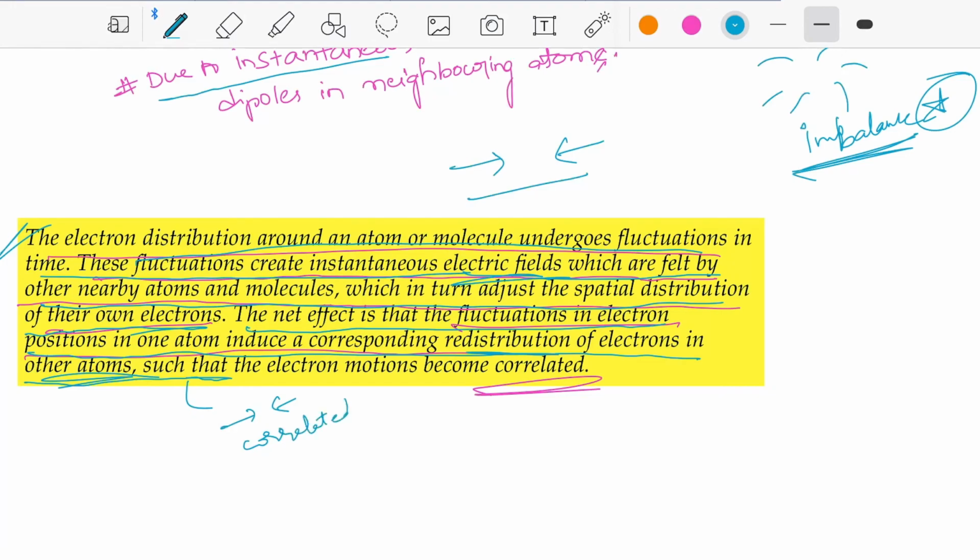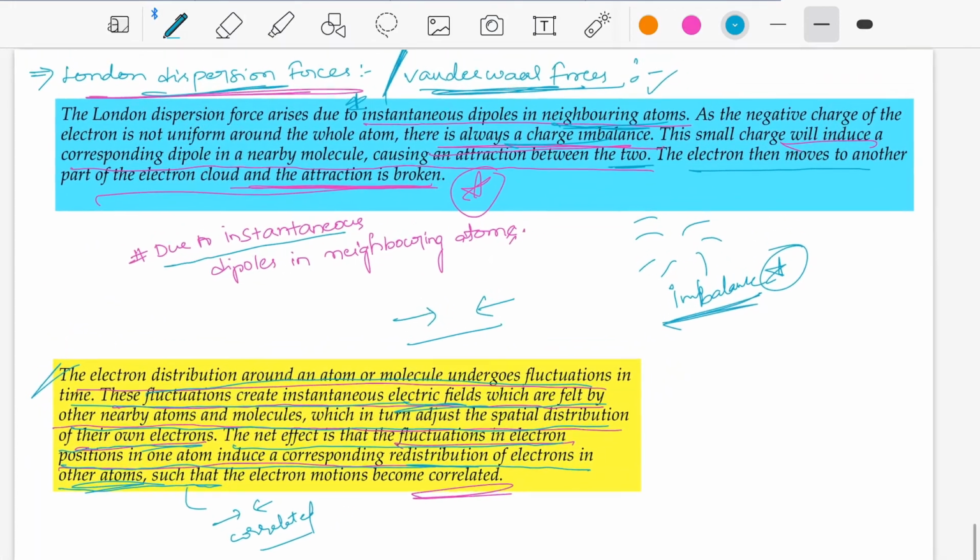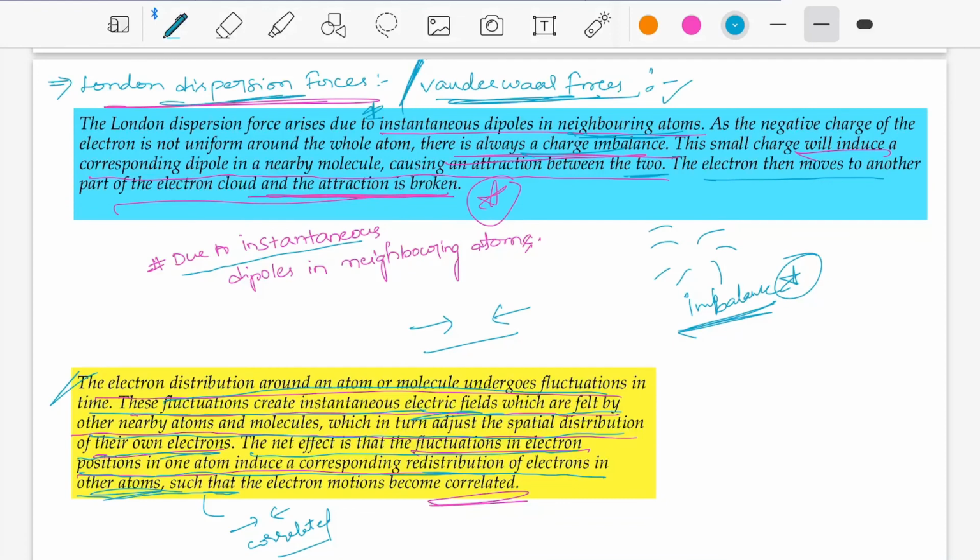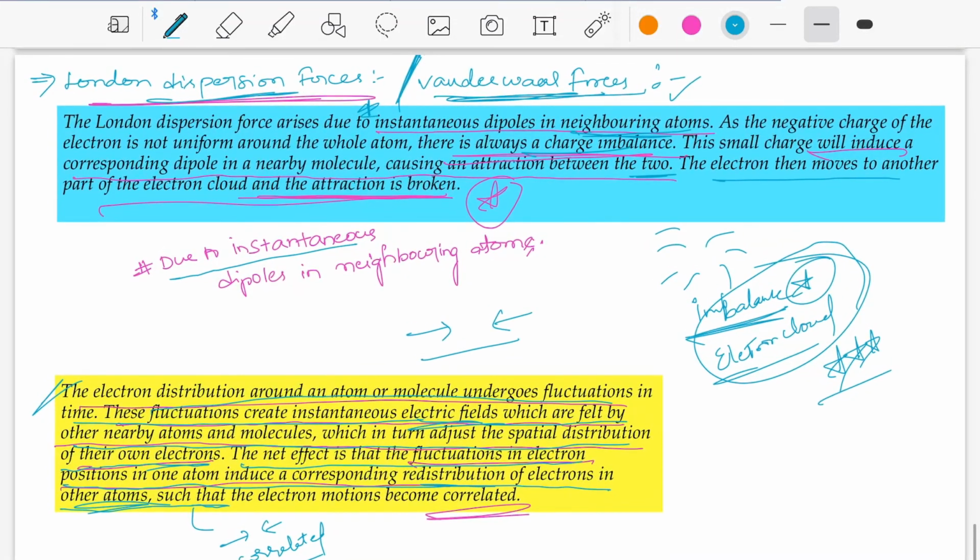So usually the electron cloud imbalance of an atom results in London dispersion forces or van der Waals forces. Van der Waals forces are weaker forces, and we see them everywhere. They usually control some spatial shape of a molecule. So all these forces result in the shape or structure of a molecule.